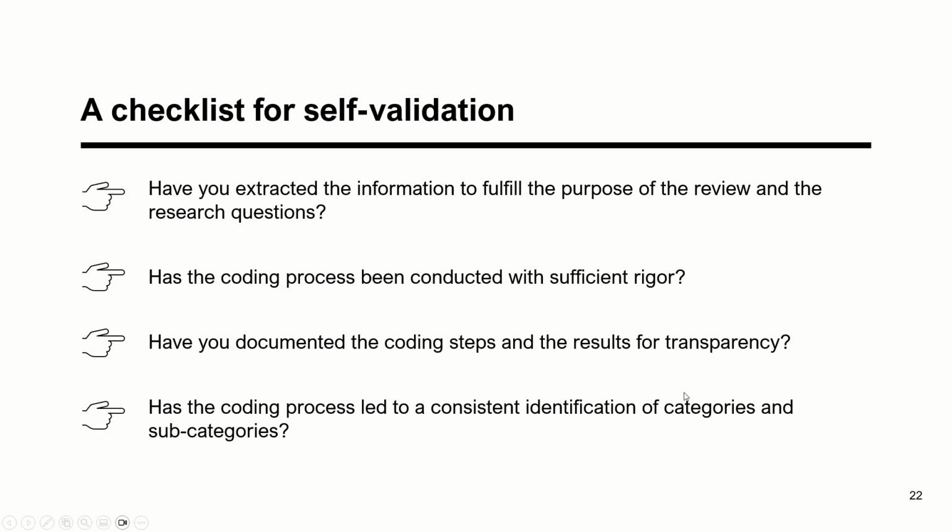And in terms of documenting the steps, have you documented clearly what the coding steps have been? And is there consistency in terms of what categories and subcategories you've identified? If you've engaged more than one coder, you will get to that in terms of rigor and also in terms of consistency, given the assumption that there's going to be a high inter-coder reliability.